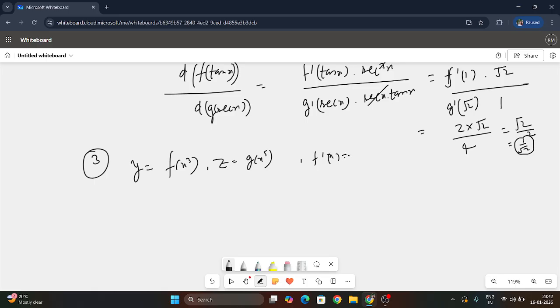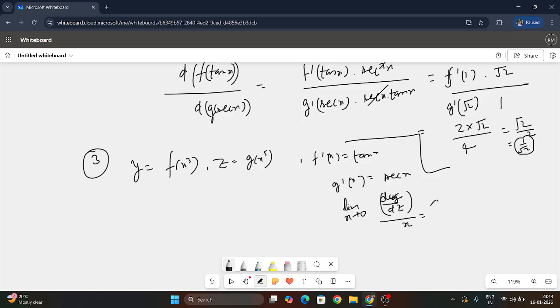f'(x) is equal to tan x, g'(x) is equal to sec x. You have to find the value of the limit as x tends to 0 of dy by dz upon x.